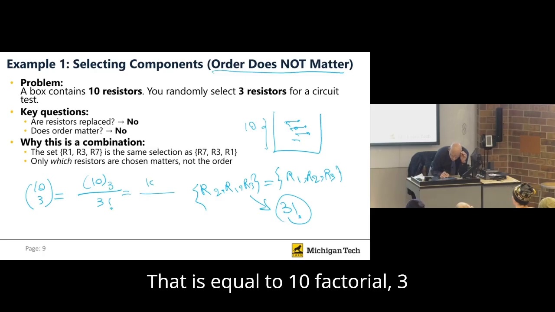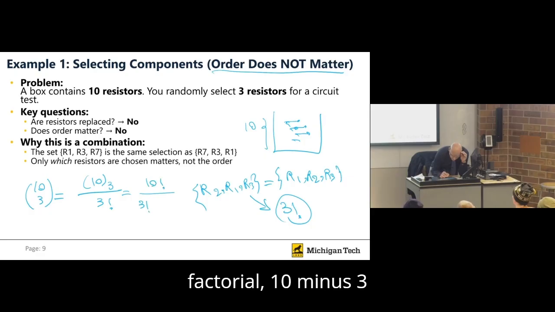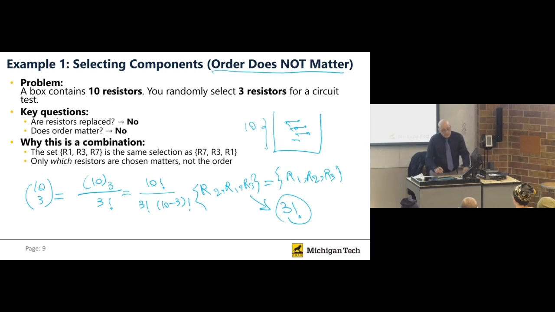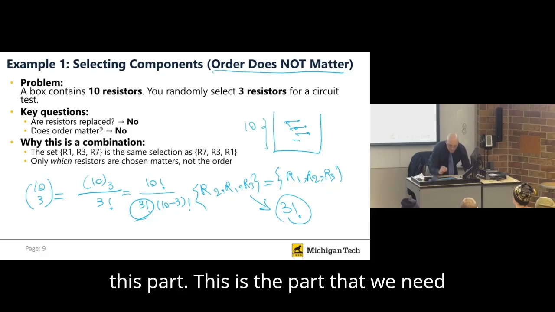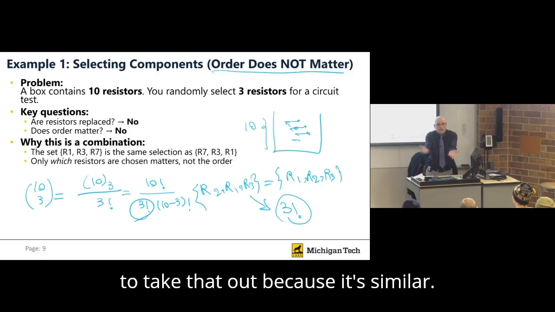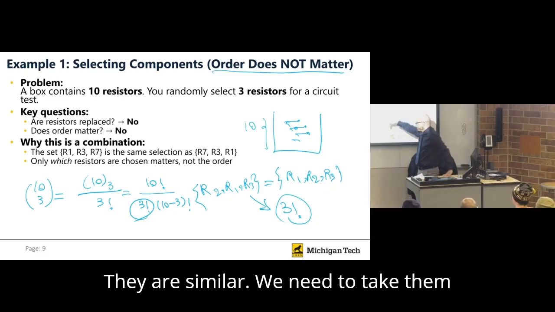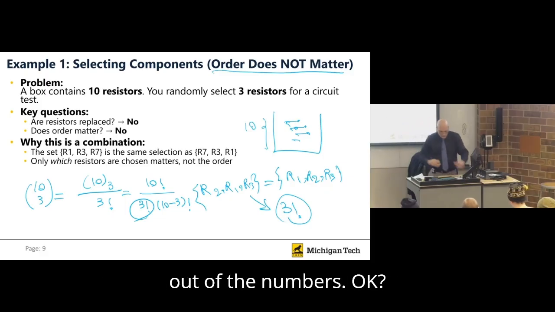That is equal to 10 factorial over 3 factorial times (10 minus 3) factorial. That's it. Okay. So the important part is we eliminated this part. This is the part that we need to take out because they are similar. We need to take them out of the numbers. Okay?